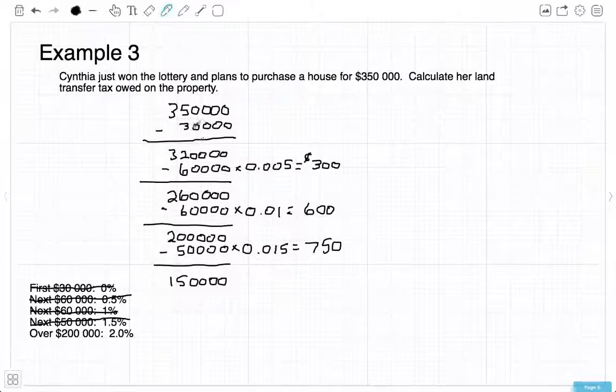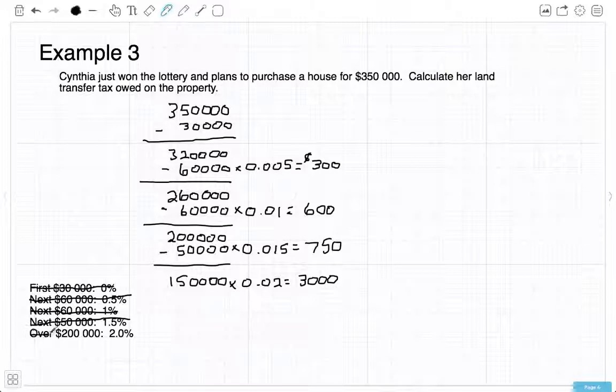This also, if you add up 30 and 60 and 60 and 50, that adds up to $200,000, meaning I have taxed the first $200,000 of their house at these three different rates. Whatever's remaining, that's what this last line means. Anything else is taxed at 2%. So I take whatever's remaining and I times it by 0.02, and that gives me $3,000.